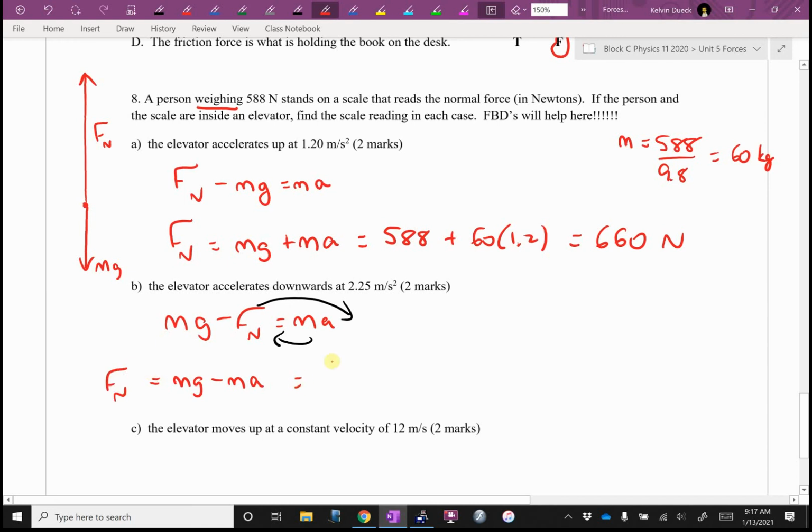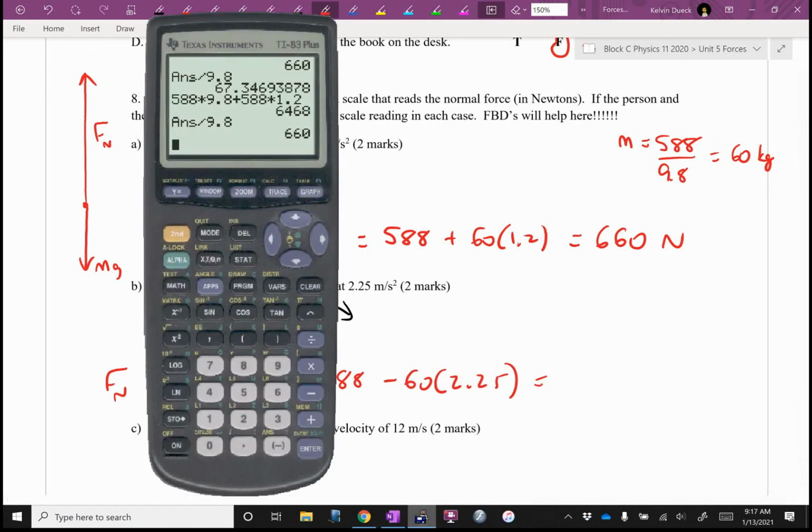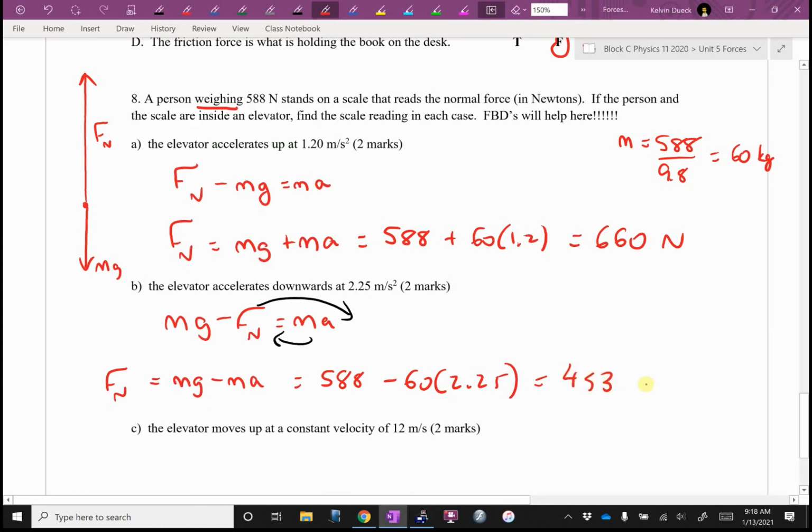So it's going to be 588, or 60 times 9.8, minus 60 times 2.25. You get 453? Again, if you use the mass as 588, I would give you 1.5 out of 2.